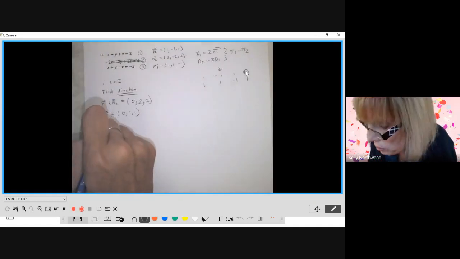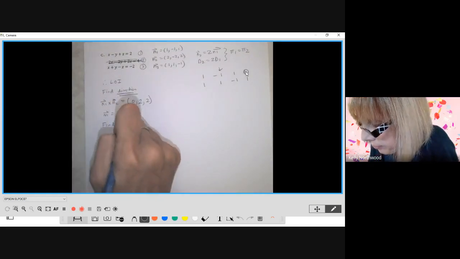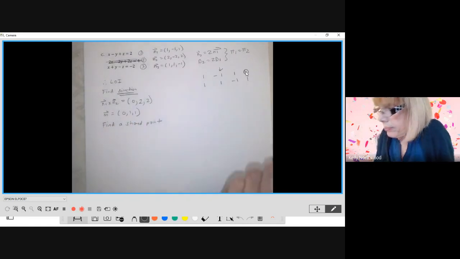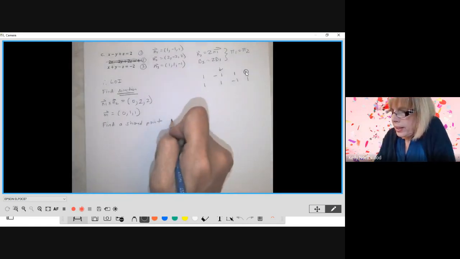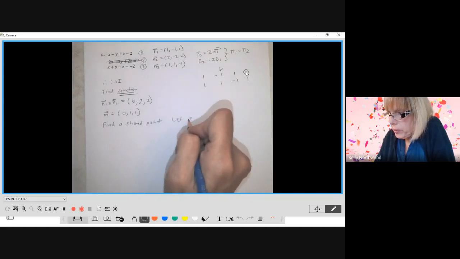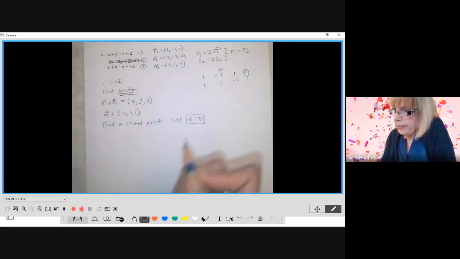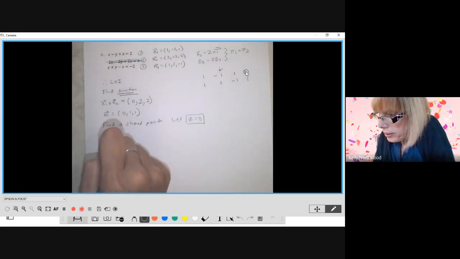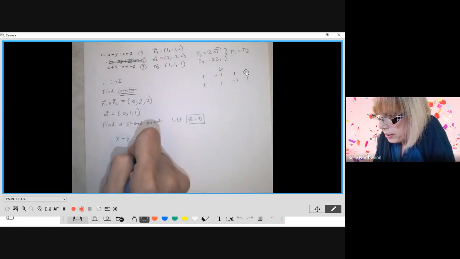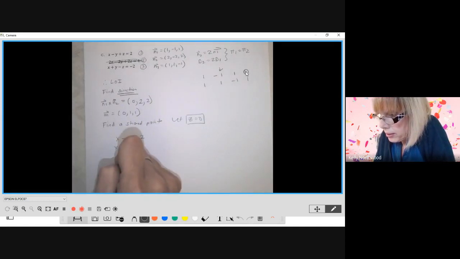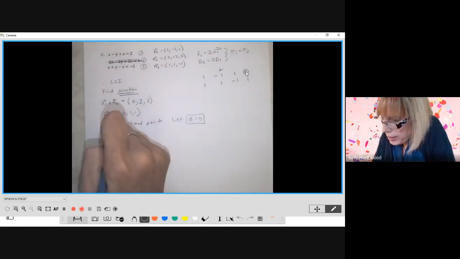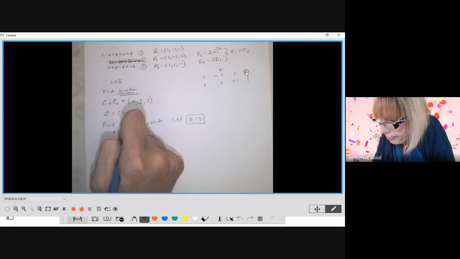Now we have to find a shared point. And we'll let z equal 0 like we normally do in these questions and see what happens. So it looks like we can easily eliminate either x or y at will here. What do we want to do? Eliminate y because we just have to add maybe?